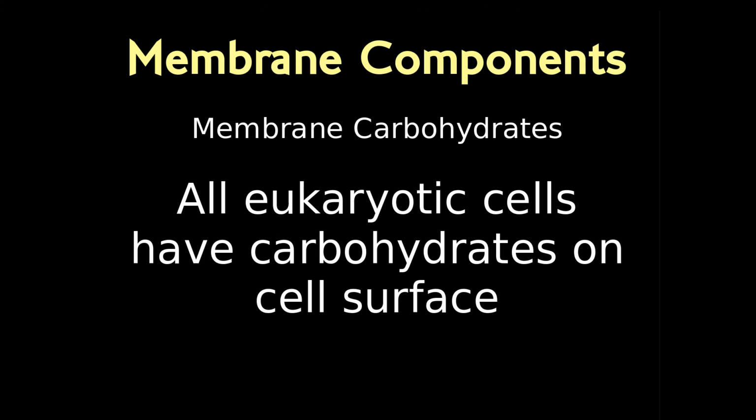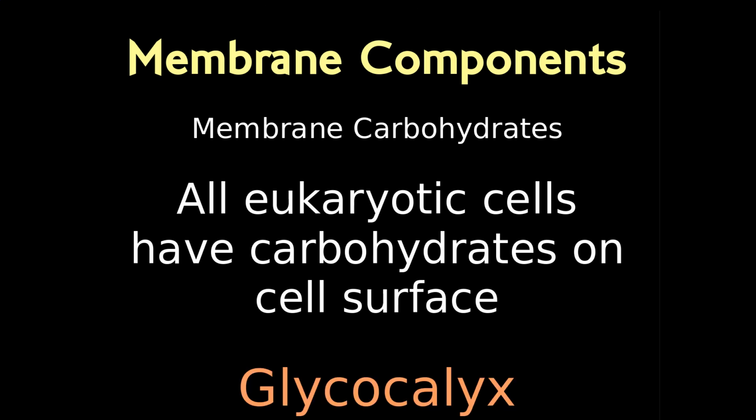Continuing on with carbohydrates. So all eukaryotic cells have some carbohydrates on the cell surface. All of them do. And that whole collection, the entire collection of all the carbohydrates that are associated with the surface of a cell membrane, is known as the glycocalyx.